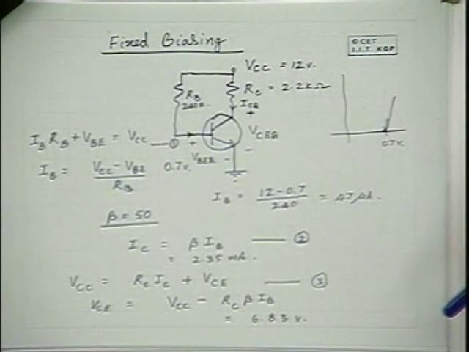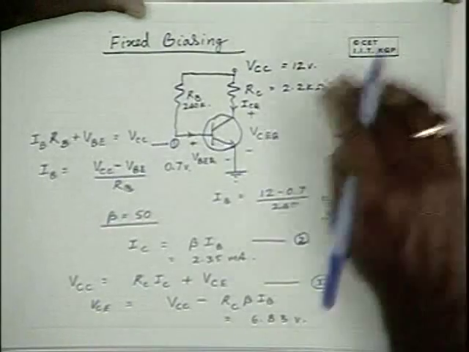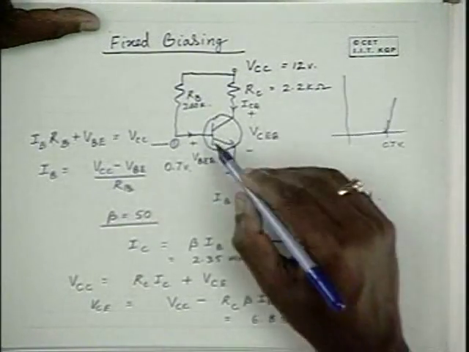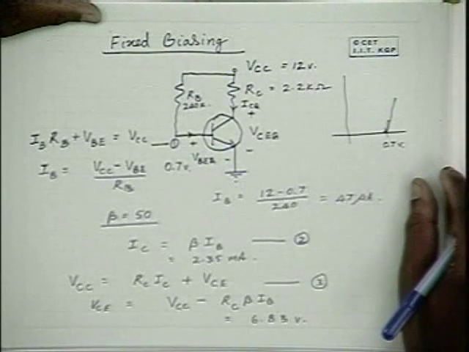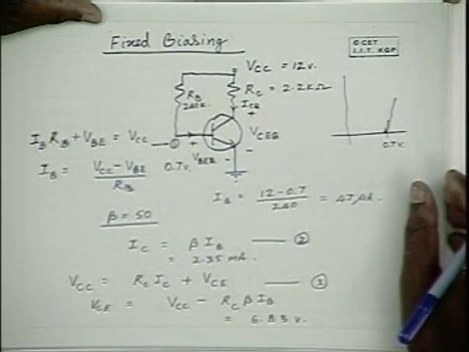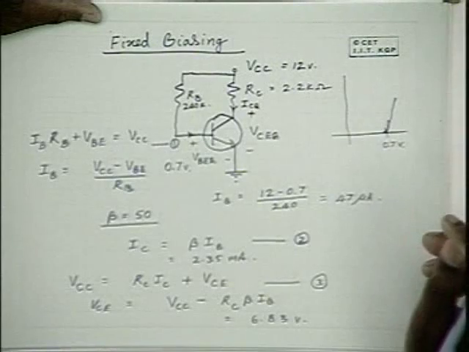This is VCE. Now, if this transistor with beta equal to 50 is replaced by another transistor with beta equal to 100, let us see what happens.